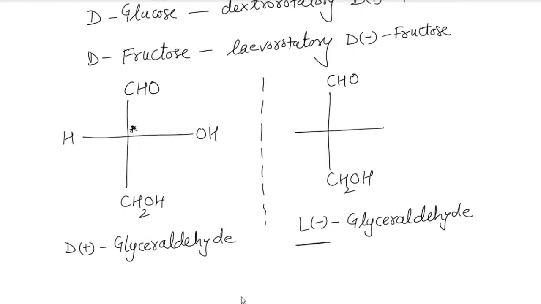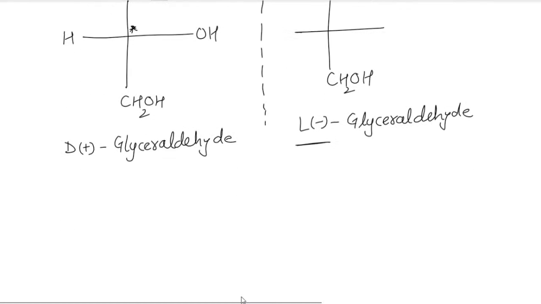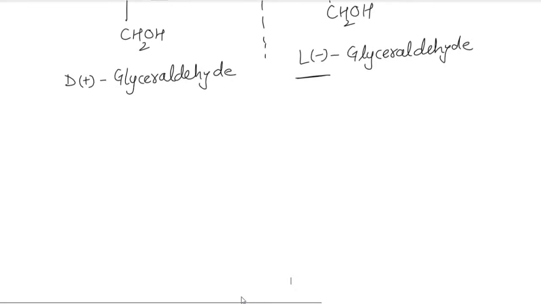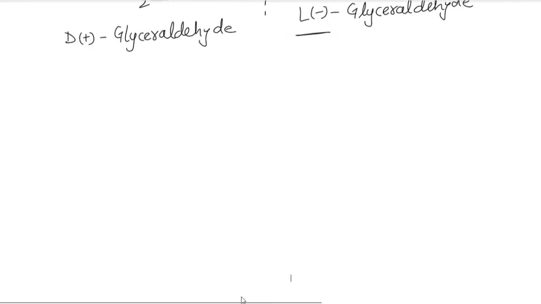So, if a monosaccharide is assigned D configuration, that means the OH group on the last chiral carbon, the second last carbon, lies towards the right hand side. Am I right? For example, the best example is glucose, even fructose.